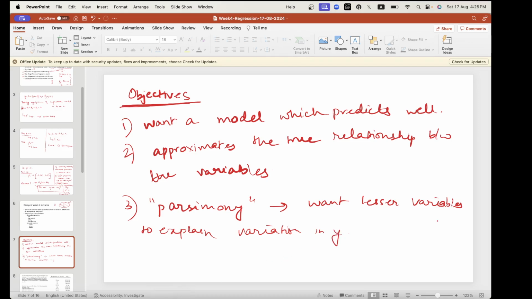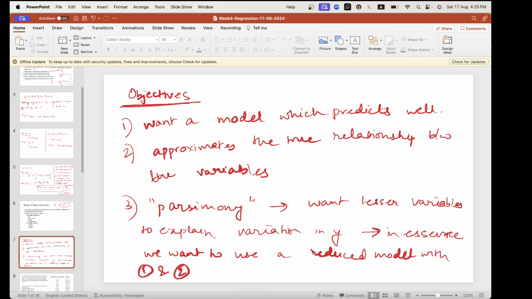So in essence, we want to use a reduced model with these two properties.